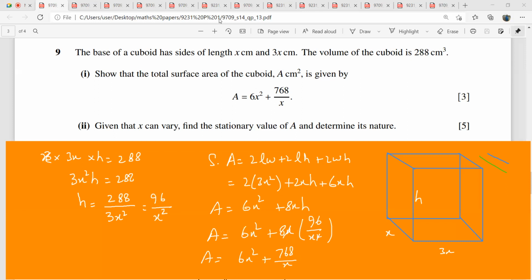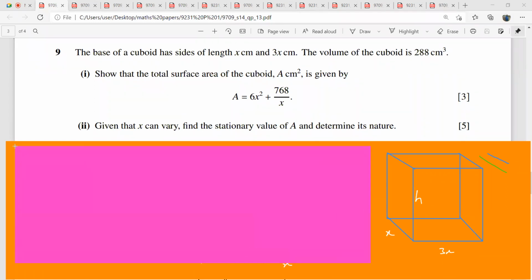Can I go to the second part now? Yes, sir. Okay, now let's go to the second part. In the second part it says, given that x can vary, find the stationary value of A and determine its nature. So he's asking so many things at one glance, okay?